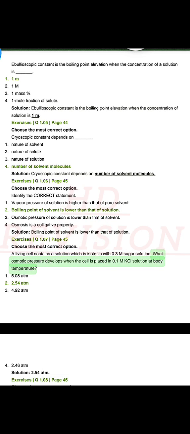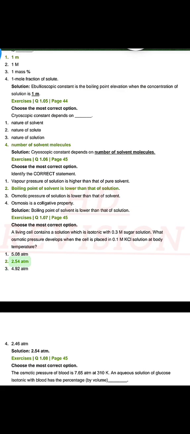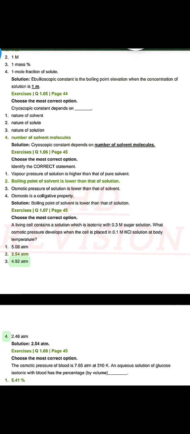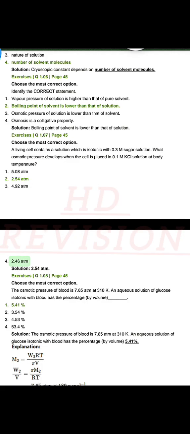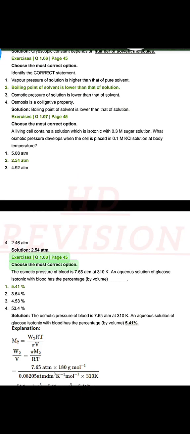What osmotic pressure develops when the cell is placed in 0.1 m KCl solution at body temperature? 1. 5.08 atmospheres, 2. 2.54 atmospheres, 3. 4.92 atmospheres, 4. 2.46 atmospheres. Solution: 2.54 atmospheres.